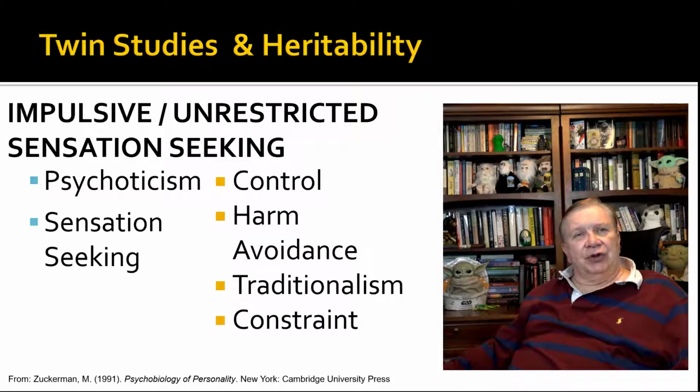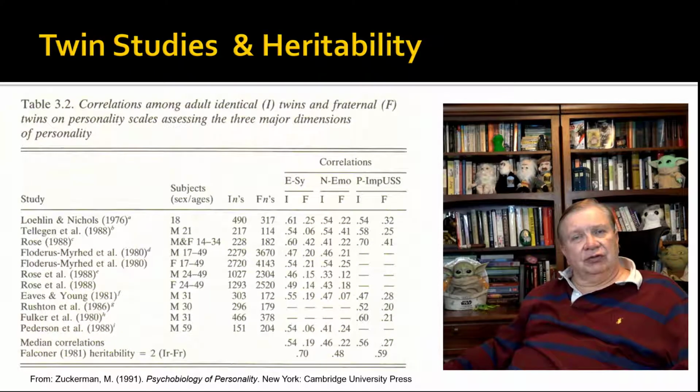And impulsive, unrestricted sensation seeking is a mix of these kinds of scales: Eysenck's psychoticism, Zuckerman's own sensation seeking. On the opposite end, you have control, harm avoidance, traditionalism. So, memorize this chart. It'll be covered in detail on the exam. I'm just teasing you.